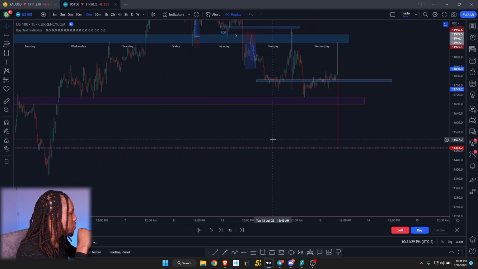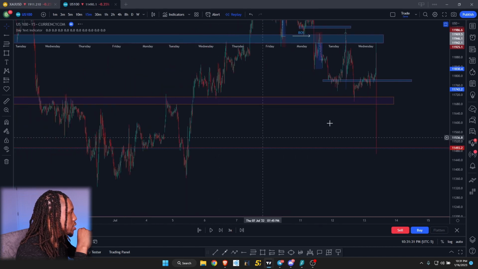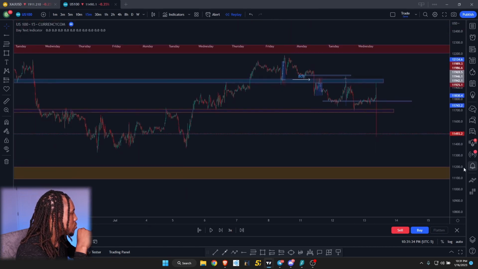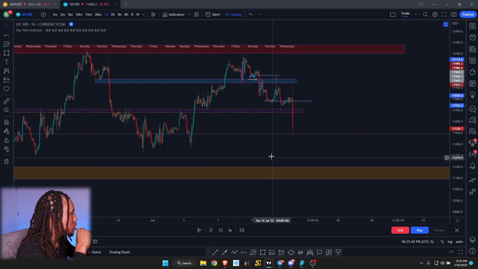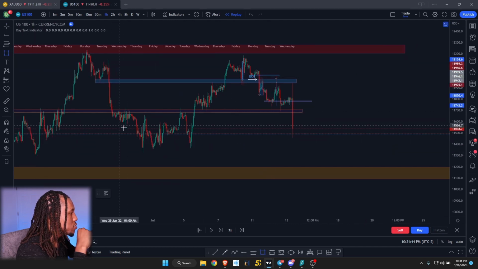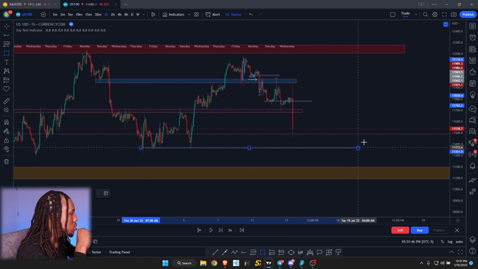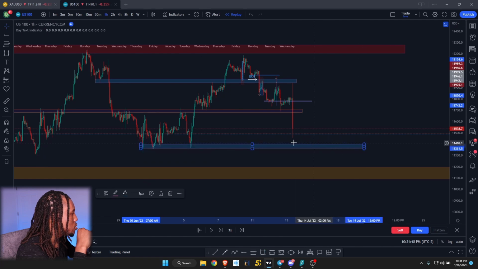All right, so we've certainly broken below this zone. Our next area of interest is this weekly level here, but we clearly have this level first that price may want to head to. So let's just see here, looking at this level and seeing what price wants to do.